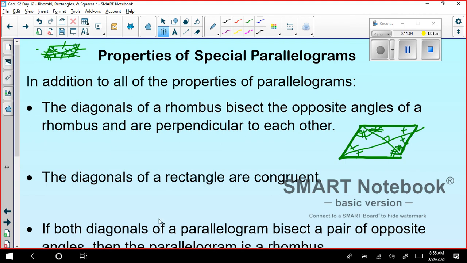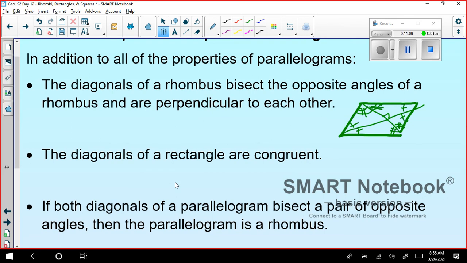The next property is that the diagonals of a rectangle are congruent. In case of a rectangle, the complete diagonal itself will be congruent.